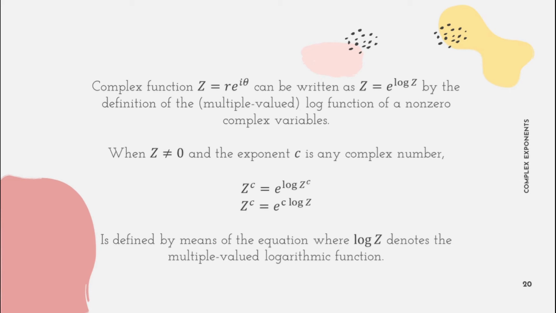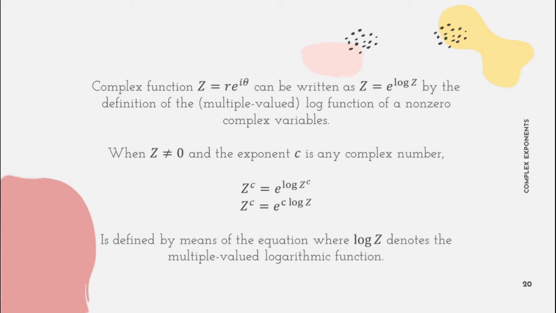When z is not equal to 0 and the exponent c is any complex number, z^c = exp(log z^c). By using the property of the logarithmic function, log a^n = n log a, we can write the equation as z^c = exp(c log z).